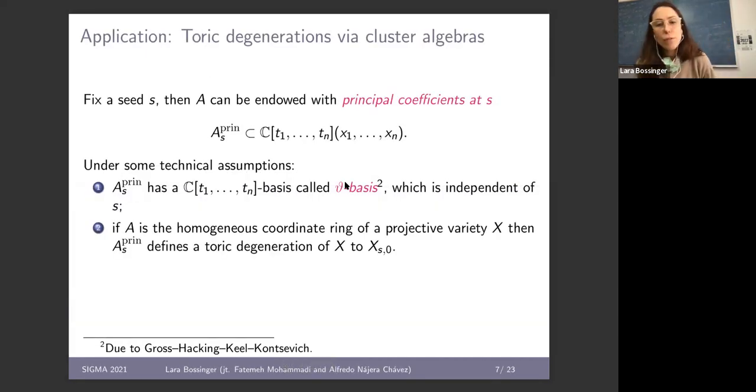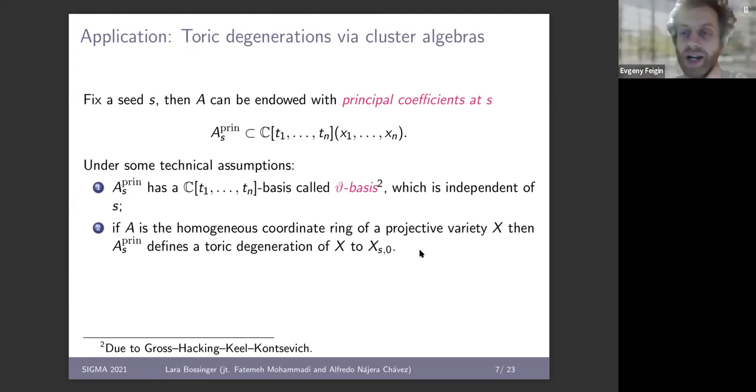And then moreover, if we start with the homogeneous coordinate ring of a projective variety X, as will be the case for the Grassmannian, then the cluster algebra with principal coefficients defines a toric degeneration of X to some toric algebra, the toric projective variety that I will denote by X_s^0.